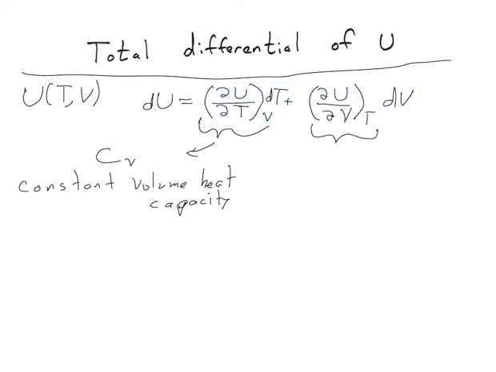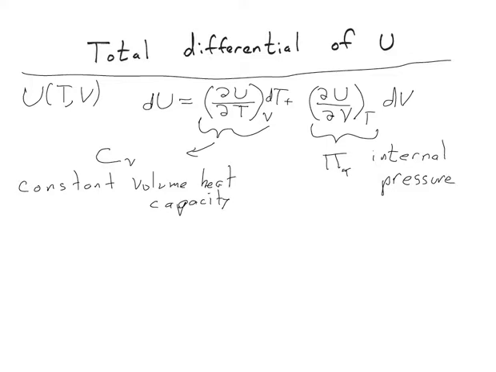Similarly, this partial derivative is also named. We call this one pi T, and the name for that is the internal pressure. If you do a little unit analysis, you'll see that to get units of energy, which we need for internal energy, pi T has to have units of pressure.